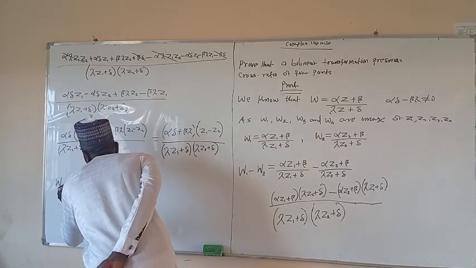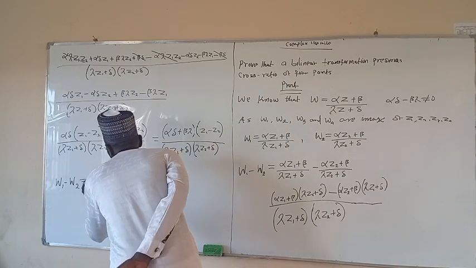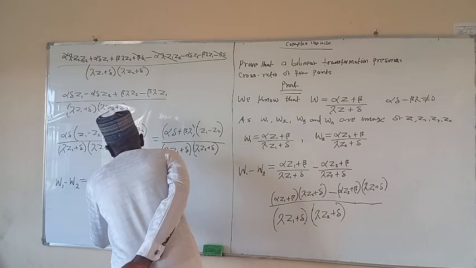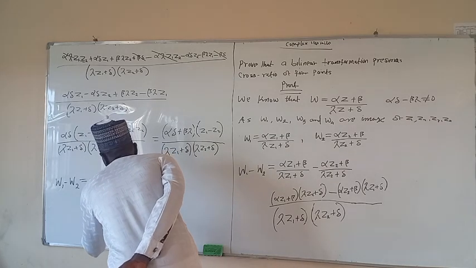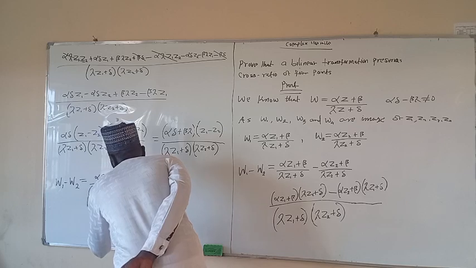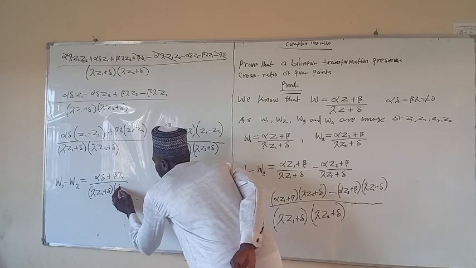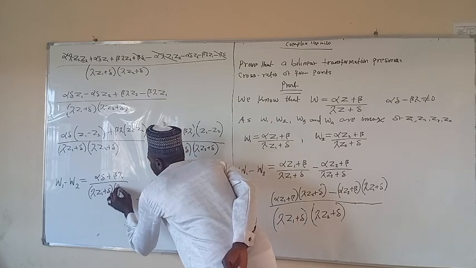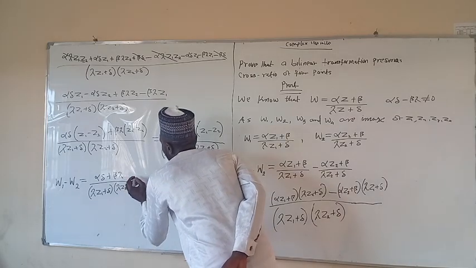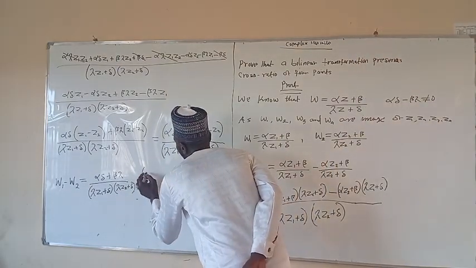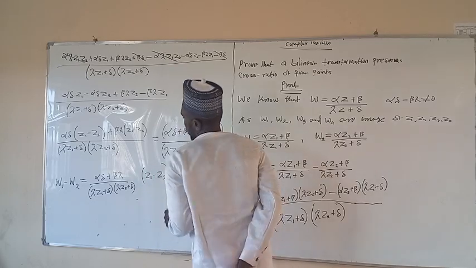our omega 1 minus omega 2 is the same thing as alpha delta plus beta lambda all over open bracket lambda z1 plus delta into lambda z2 plus delta, all multiplied by z1 minus z2.